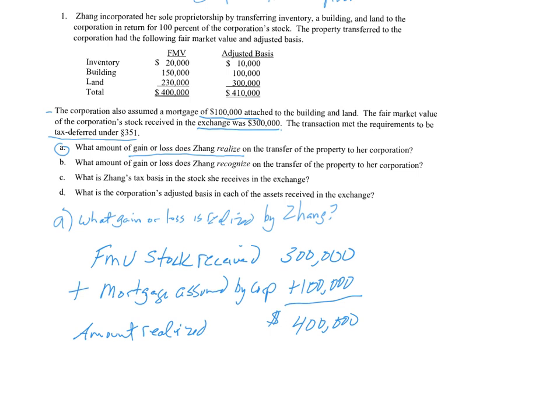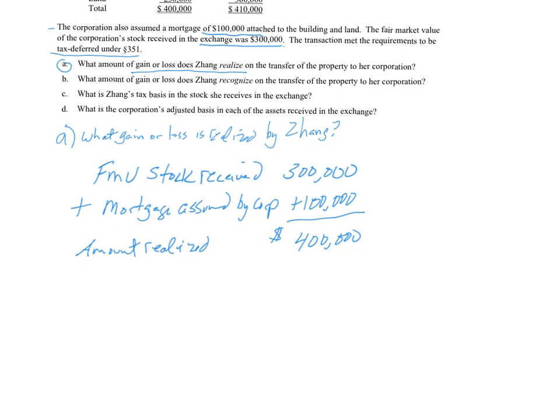She realized $400, but that is not what the question asked for. The question was more specific. The question asked for what amount of gain or loss did she realize? Okay, so now what do we have to do? Well, we have to look at the adjusted basis of the property that she transferred.